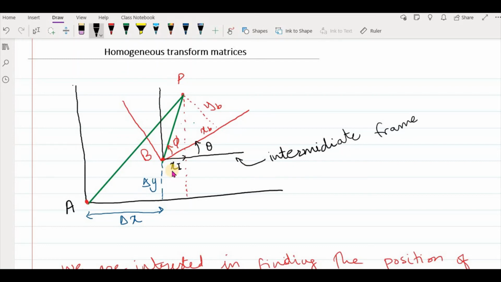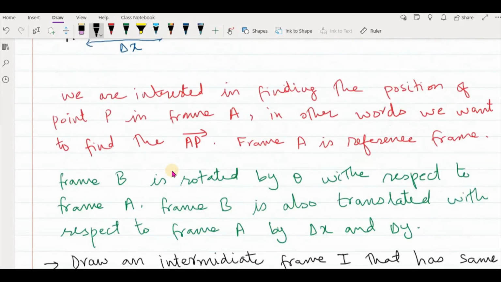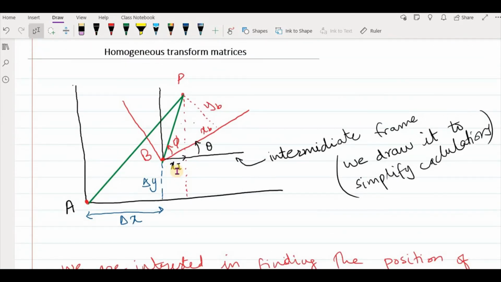Okay, so that's what we did here. We drew the intermediate frame, and in the previous slides we have already calculated the position. So using rotation first, and then we did the translation.